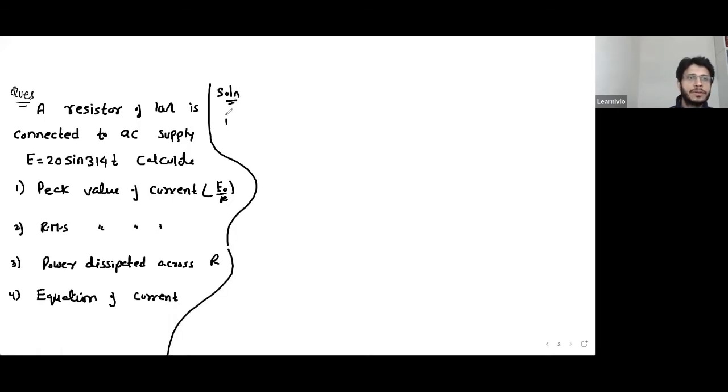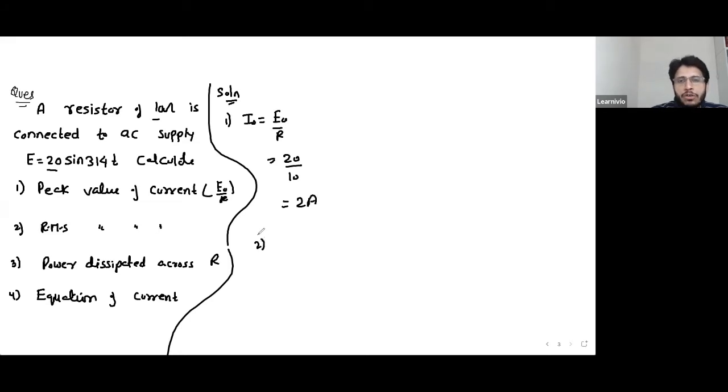Let's solve the first part. The peak value of current is basically the peak value of EMF divided by resistance. So I naught is just E naught divided by R. E naught is 20, R is 10 ohm, so it comes out to be 20 by 10, it's just 2 ampere. Second part, RMS value.